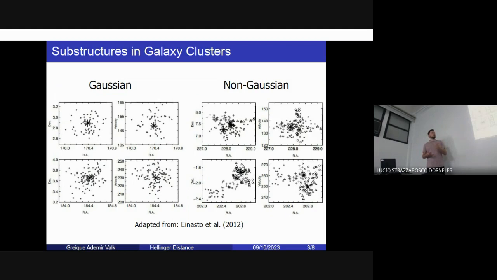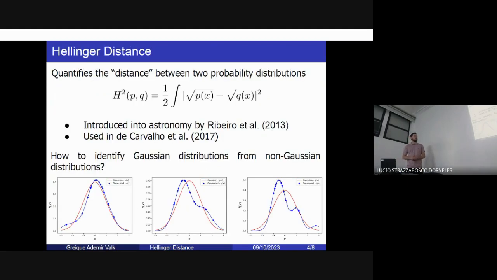Because Gaussian and non-Gaussian velocity distributions can give some information about the dynamic stages of clusters, we try to identify when a cluster presents a non-Gaussian velocity distribution. To do this, there are several ways, but we use the Hellinger Distance estimator. This estimator gives us a distance between 2 probability distributions.